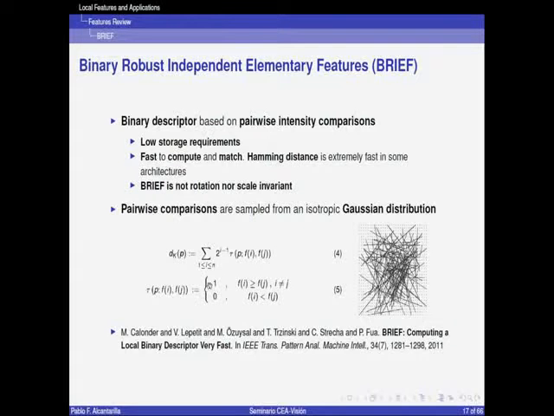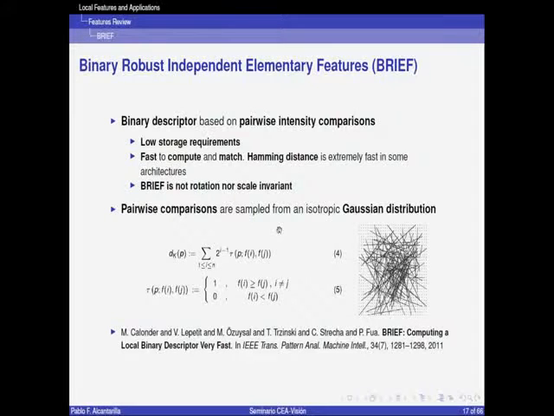We add the bit 1 if the intensity of pixel i is larger than the intensity of pixel j, and 0 otherwise. In BRIEF we need to select the pairwise comparisons, and one of the approaches that gives better results is using a random Gaussian distribution to select the pixels from which we compute our binary tests. The descriptor is simply the concatenation of the output of n binary tests.